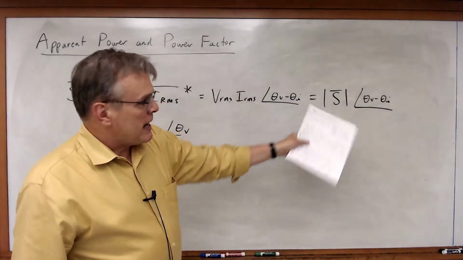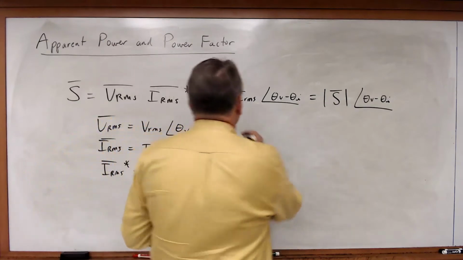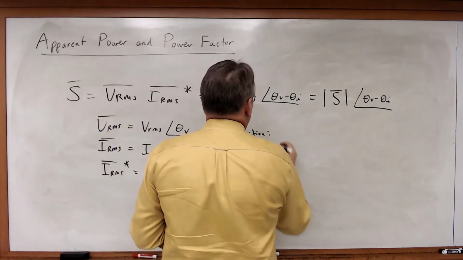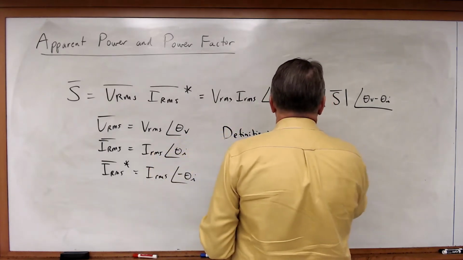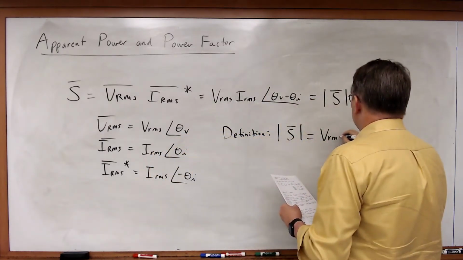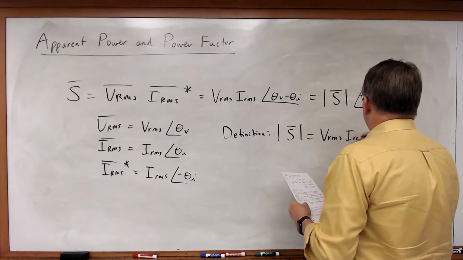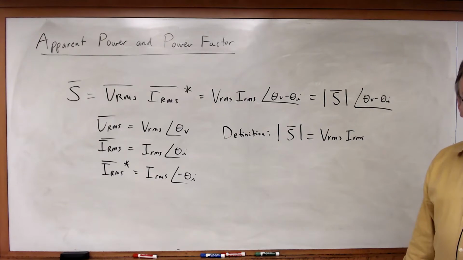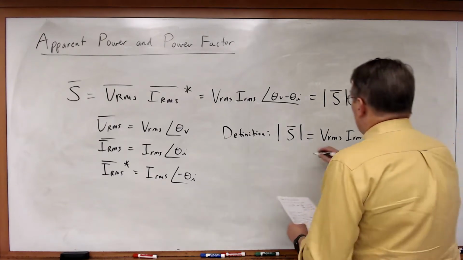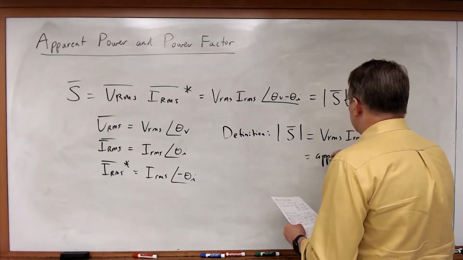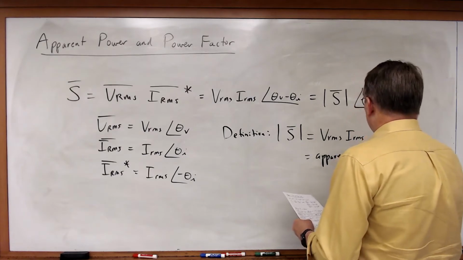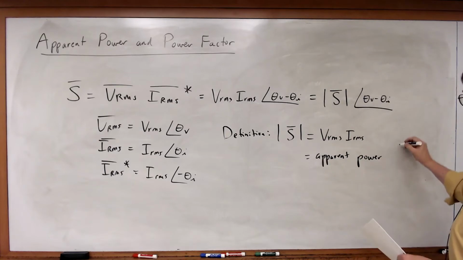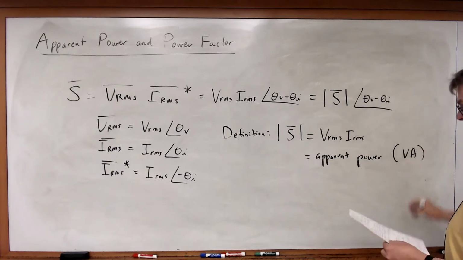We give a name to that magnitude. The magnitude of complex power, which is just equal to the product of the magnitudes of the RMS current and voltage across any element, will be equal to the apparent power. And apparent power, just like complex power, has units of volt amperes.